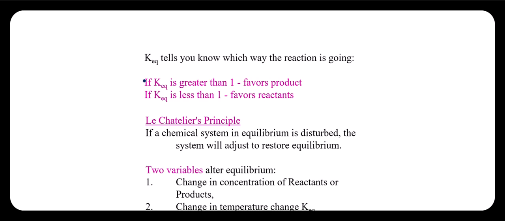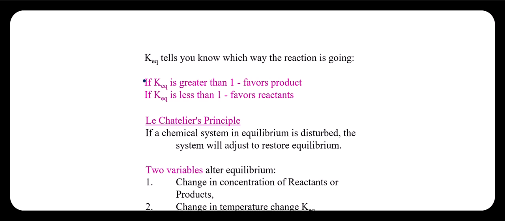So there's a principle that talks about how we're always going to equilibrium. The principle is called Le Chatelier's principle. What Le Chatelier said is that we're always going to equilibrium. So if we're in equilibrium and we do something to mess up that equilibrium, we're going to go to a new equilibrium.